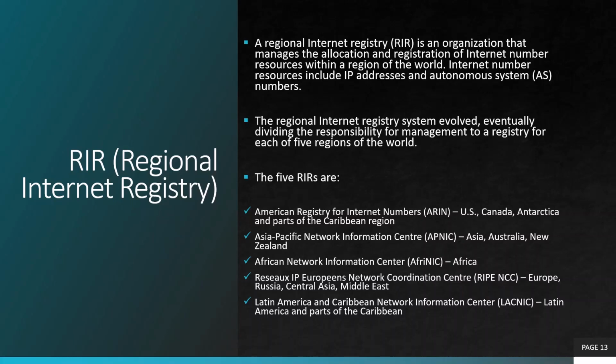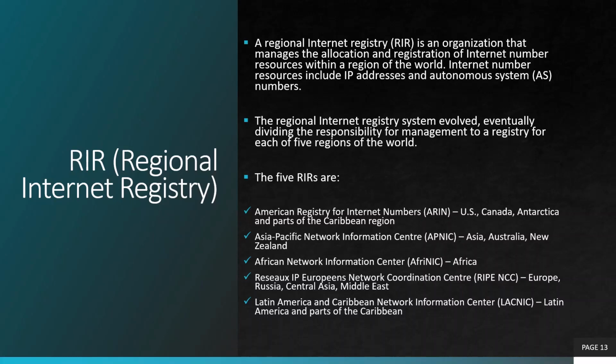If I talk about different countries, a single organization won't be able to manage all of them. That's why we have RIRs, the regional internet registries, which allot IP addresses over different countries. As we can see, we have 5 RIRs.